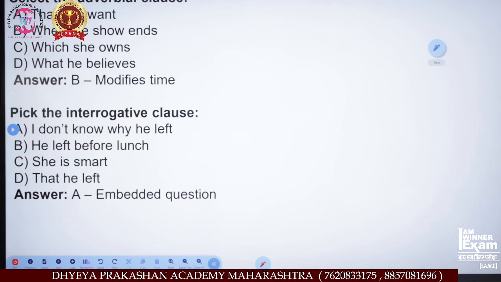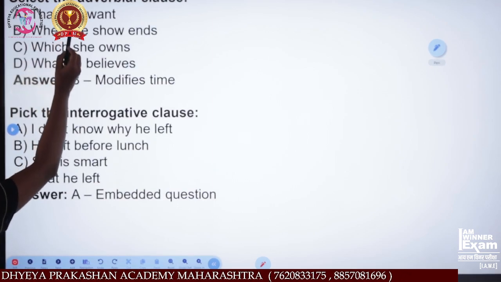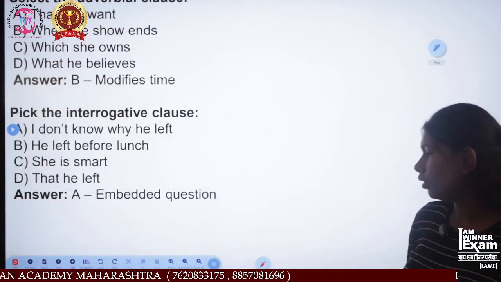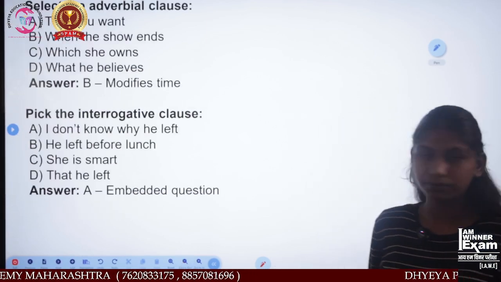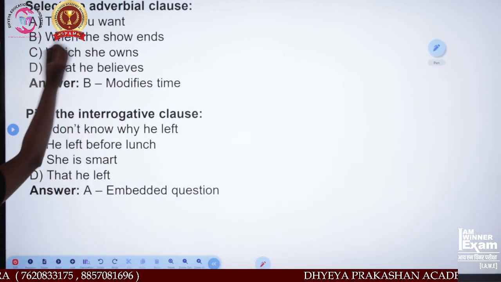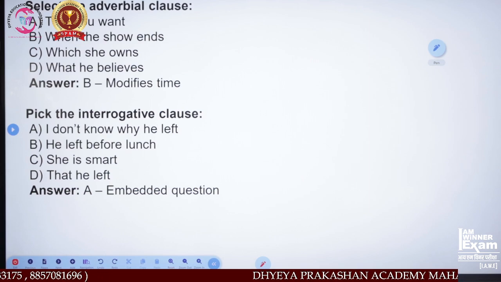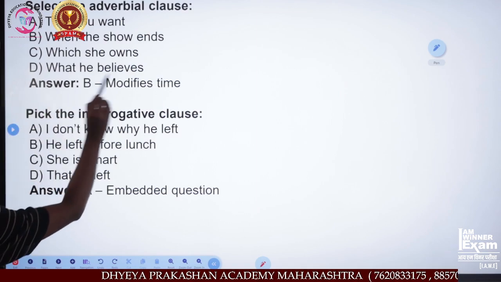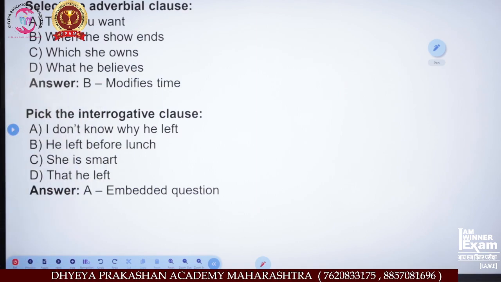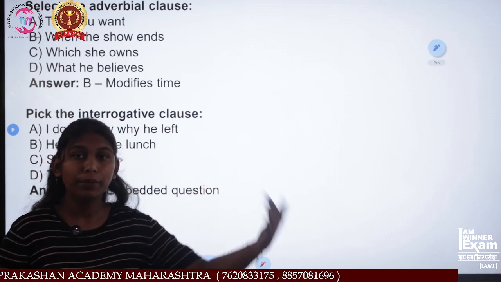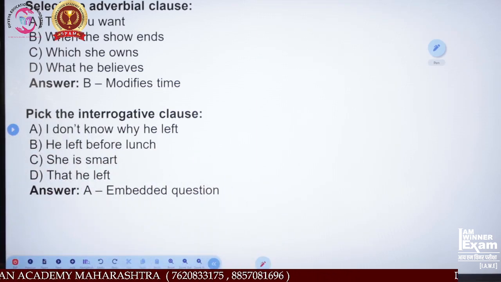Then next, select the adverbial clause. Here: that you want, when the show ends, which she owns, what he believes. Now what is meant by adverbial? It modifies time, place and conditions.